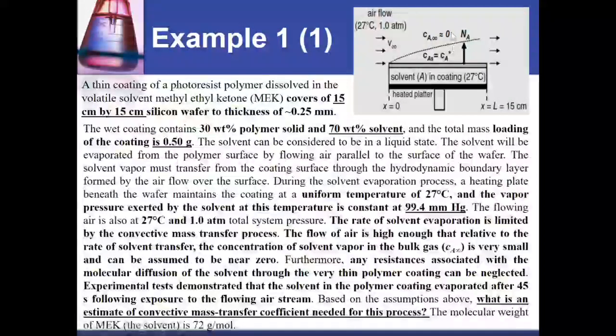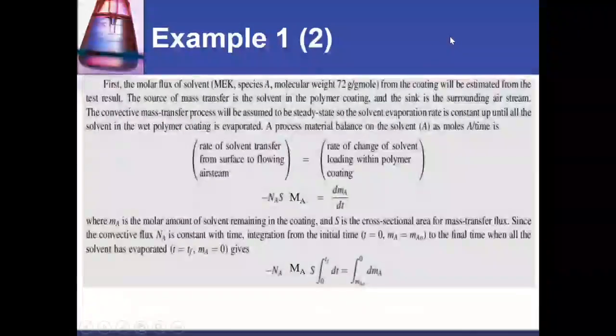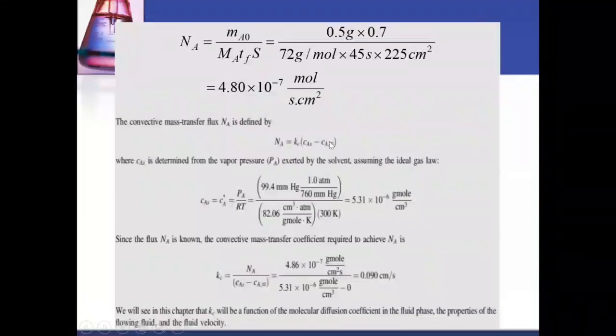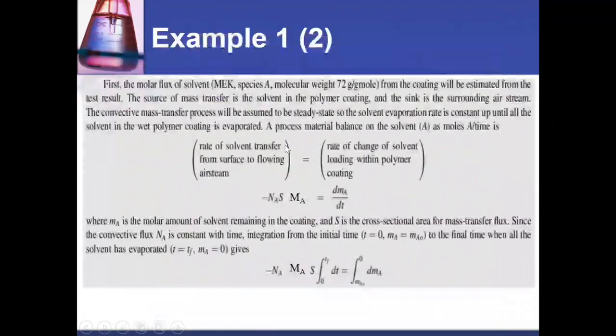And the output is basically the convective flux, which is the output from the layer. So we can say that the output from the coating is equal to the convective flux, and we'll use the Kc later on: Kc times CAS minus C infinity. This is the convective flux we will be talking about.